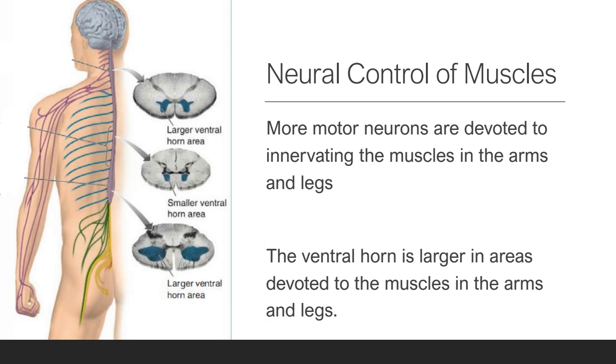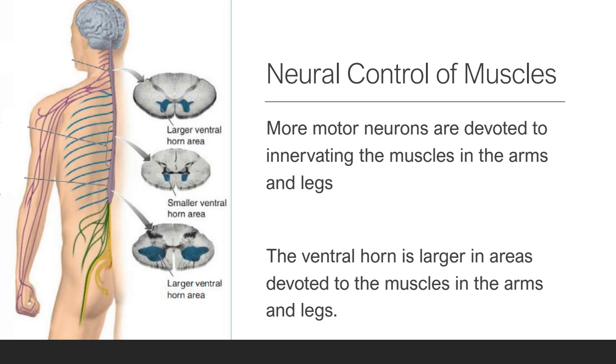So the ventral horn, for example, is larger in areas that are devoted to muscles in the arms and legs. Basically, if we look at this, the ventral horn area that's associated with here, compared to here, the enlargement of the ventral horns in these areas is due to the greater number of motor neurons that are required to innervate the muscles of the arms and legs.